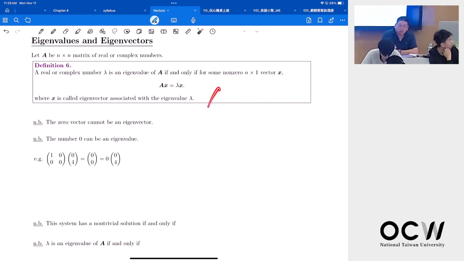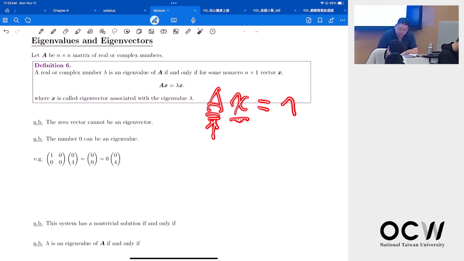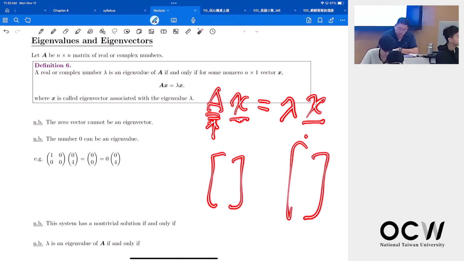You can see that in Ax, I have a matrix times a vector. And then finally, I can express this matrix times a vector as a scalar, lambda, times a vector. Finally, this is a vector, and here it is also a vector. This is n by n, x is n by 1, so here it's n by 1, n by 1.